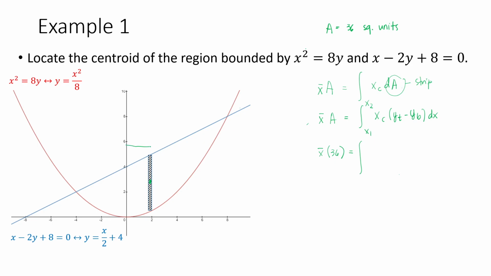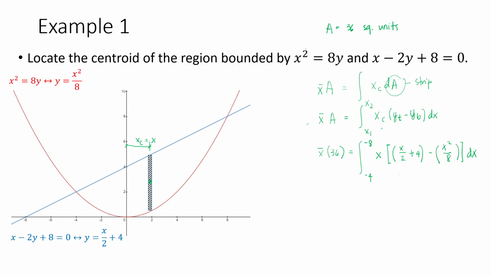It is just the x variable, x units, because we don't know the exact value of that particular centroid of the vertical strip. The other components repeat: y top minus y bottom, so x over 2 plus 4 minus x squared over 8, dx from negative 4 to negative 8.